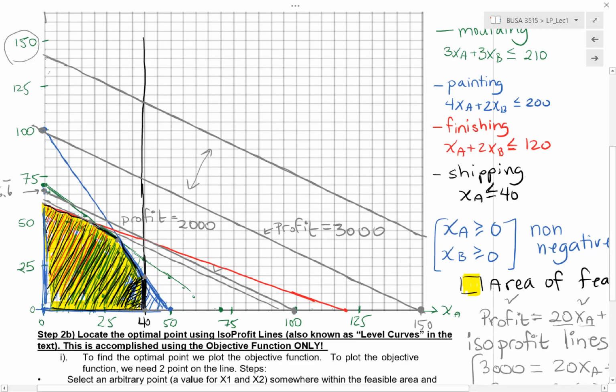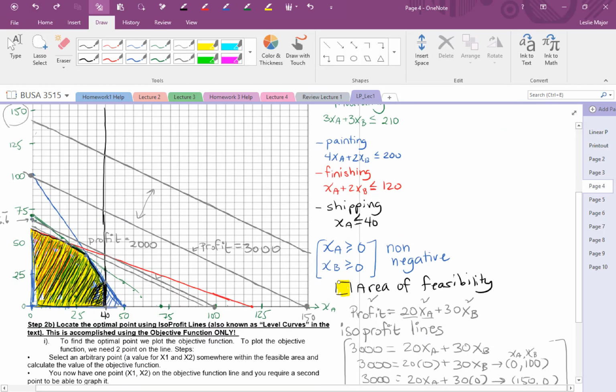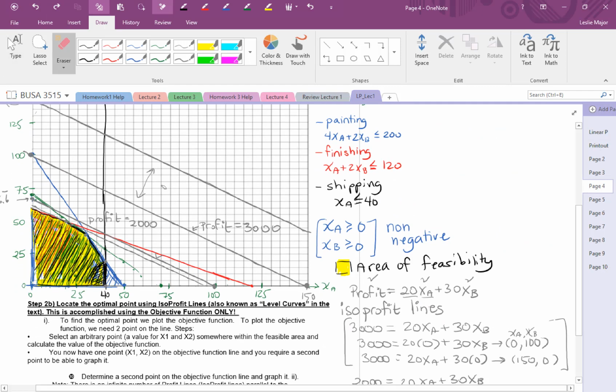Our next isoprofit line we drew was a profit of 2,000, and so on. So as we go lower on the graph, our profit decreases. We want the highest profit possible, and we need to still be within the area of feasibility. So the optimal solution will be somewhere at the very outer edges of the area of feasibility, where our highest profit is.